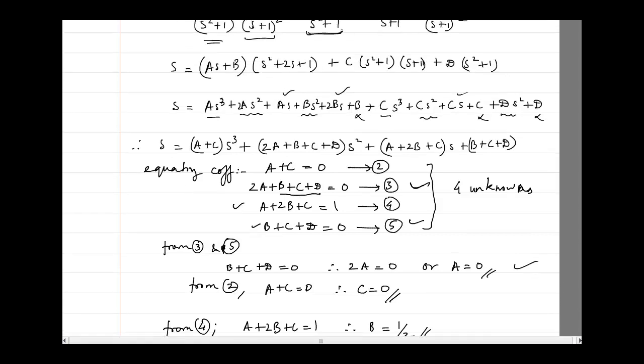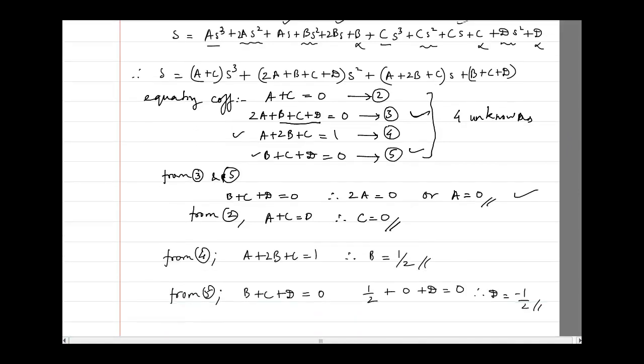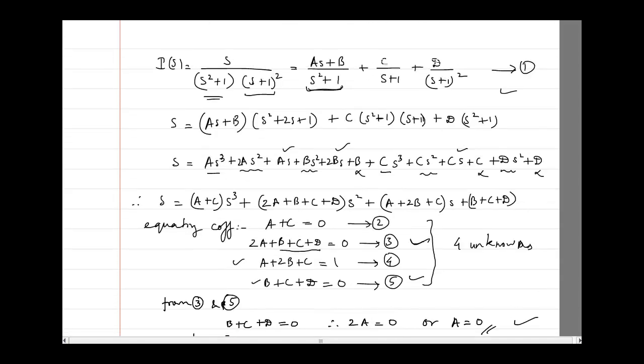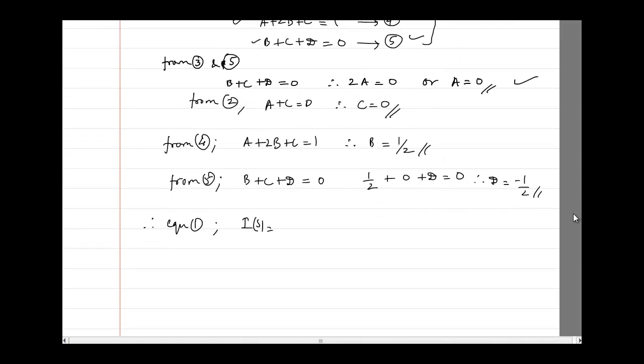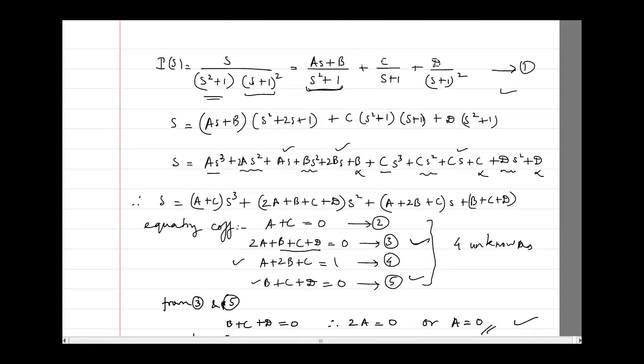Now I will substitute it back in my equation. So this is equation 1, and equation 1 becomes I of S. Now in partial fraction, it is AS plus B divided by S square plus 1. What is A? A is 0, so AS is going to be 0. B is 1 by 2 divided by S square plus 1.